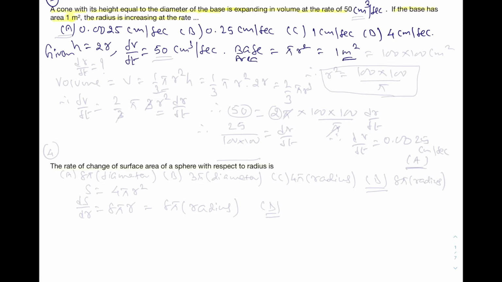Now take care, here you are given the data in centimeter, so that should be written as 100 into 100 centimeter square, and therefore r square equal to 100 over pi. Okay, that we need to take care. So that is the r square.